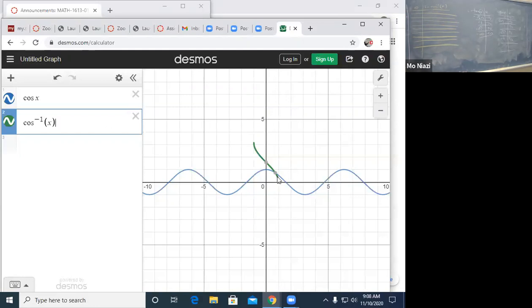Maybe I created enough intervals there. So let's start with all the way negative pi over 2. The angle is, or the input is a length. So this will confuse you. What am I doing here?